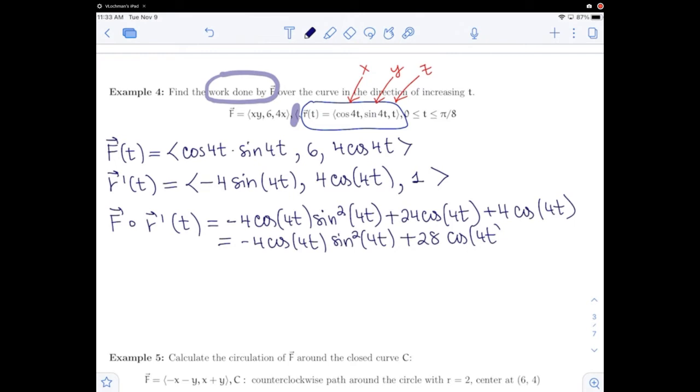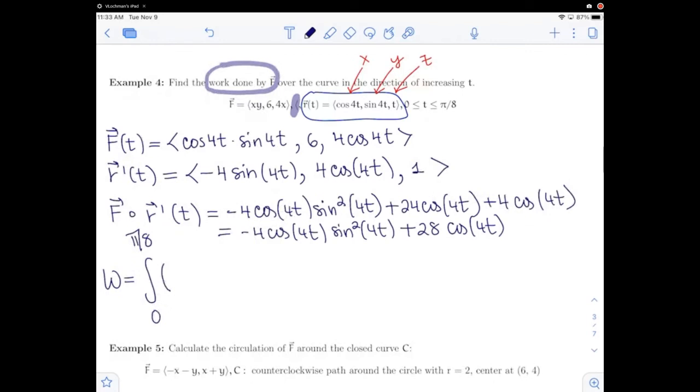All right, so we have our function. We just need to evaluate the line integral. The work done is then the line integral from 0 to pi over 8 of negative 4 cosine of 4t sine squared of 4t plus 28 cosine of 4t dt.